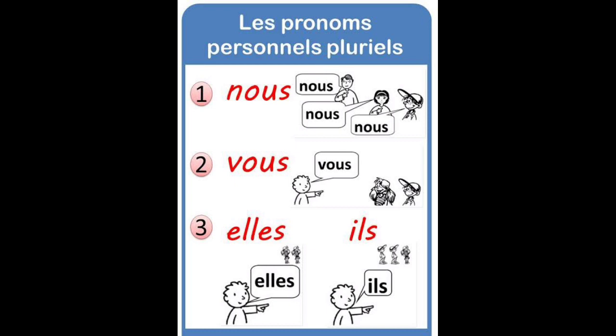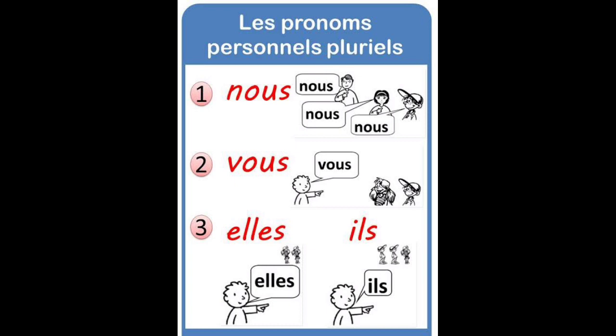The last one is elle avec S, elle with S, and il with S, il avec S. It's when we talk about someone, saying plural or plural and feminine or masculine.